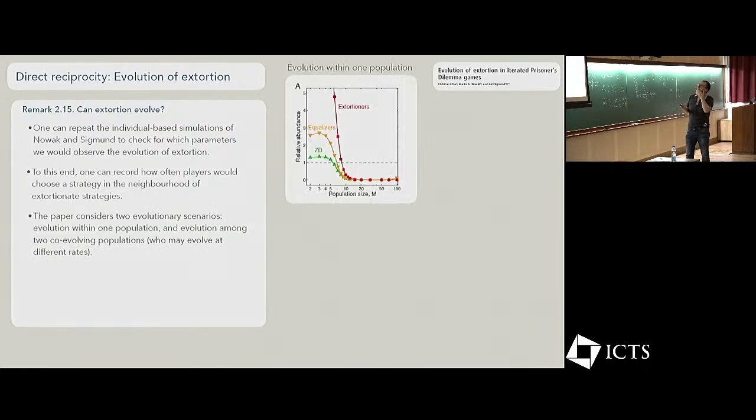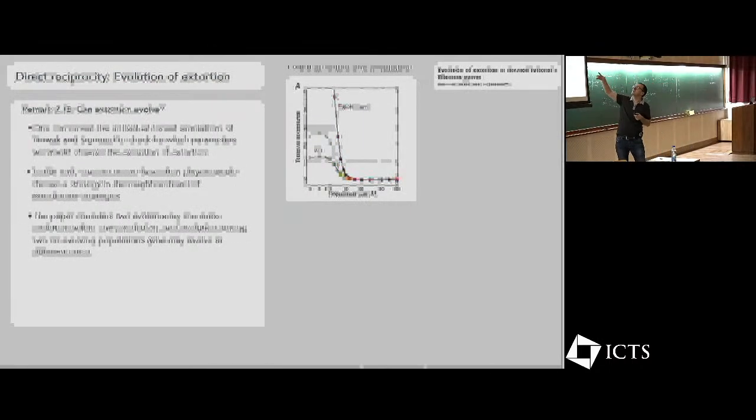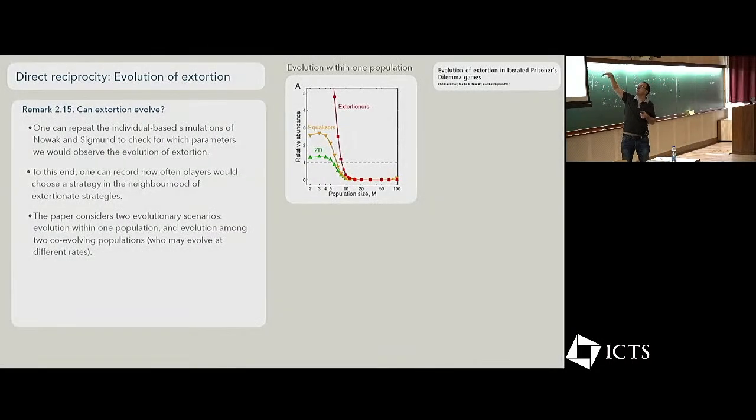All right. So we did this, and what we find is that the relative abundance depends on the population size. What do I mean by relative abundance? If you have a process with selection, where strategies with a higher payoff reproduce more likely, we recorded how often you then visit the neighborhood of extortionate strategies, and we compare it to how often a neutral process would visit this neighborhood.